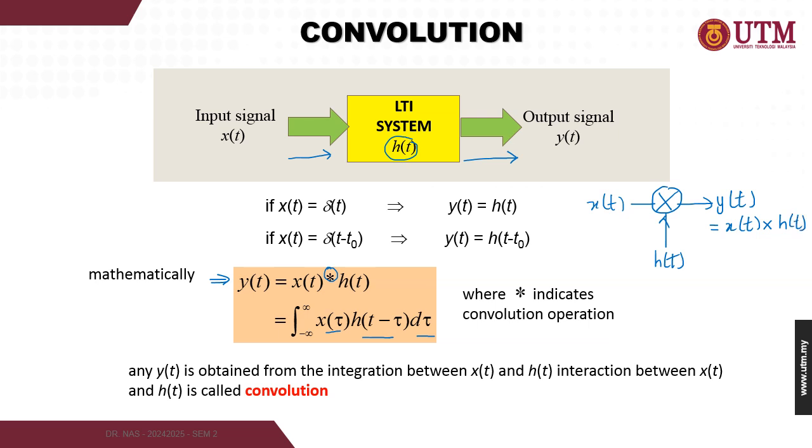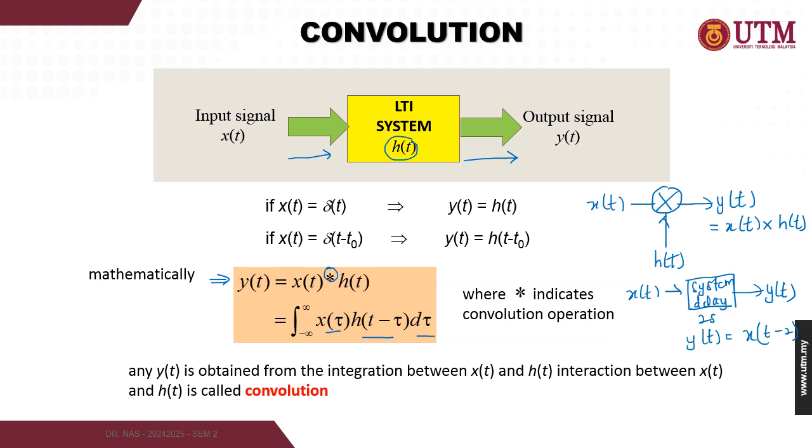If you have another system where x(t) goes into a system but the input is delayed by 2 seconds, and you have the output y(t), then in this case y(t) is equal to x(t minus 2).